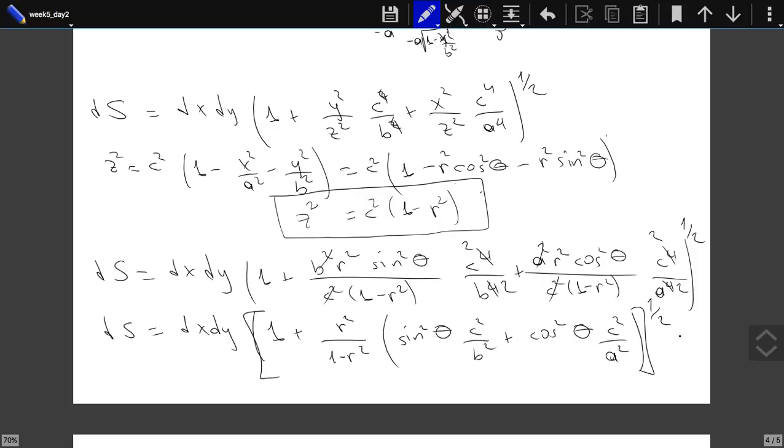It will simplify. This horrible looking factor will cancel with sigma.